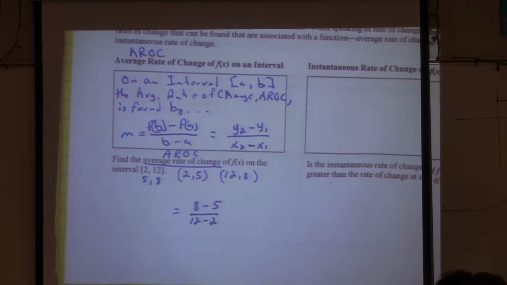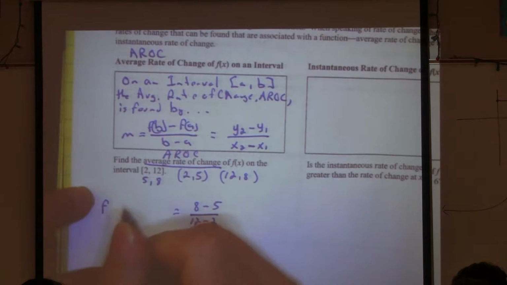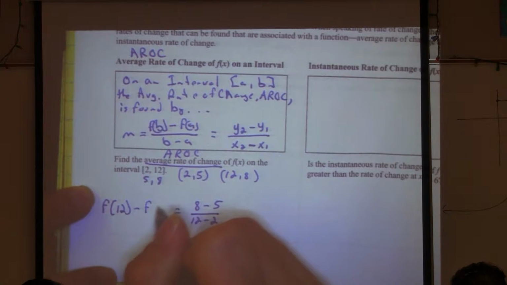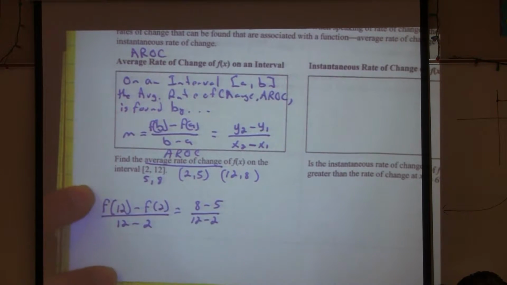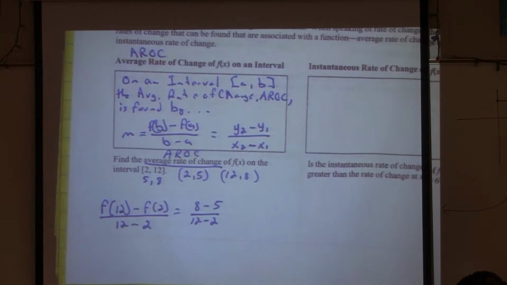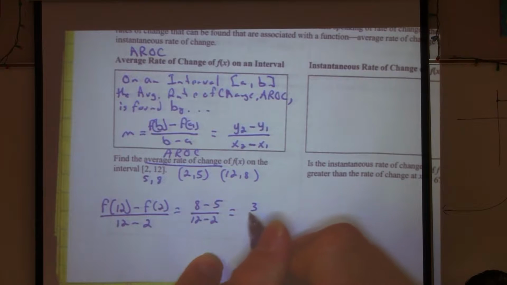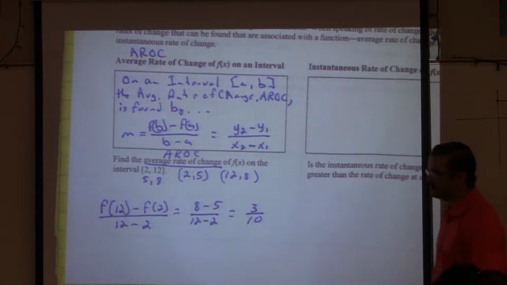What would be a fancy way of writing that, instead of doing y2 minus y1? It would be like saying f of 12 minus f of 2 over 12 minus 2, right? What do we end up with? 3 over 10. Super easy?